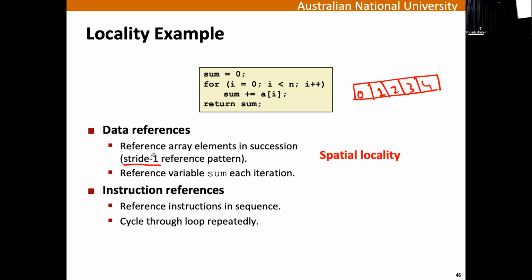If I was accessing elements like this, what would I call it? Stride 2. So the bigger the stride, the less the locality. Stride 1 has very high spatial locality. You see where it is going, right?